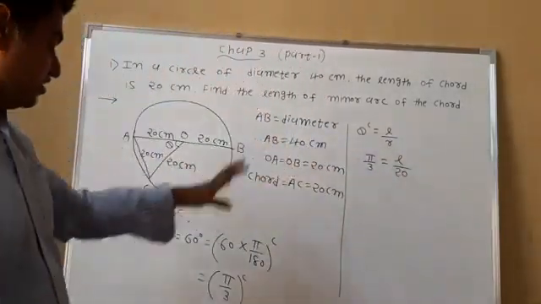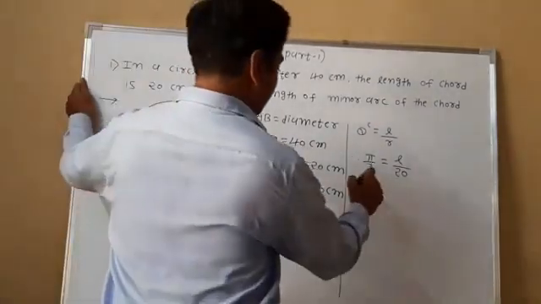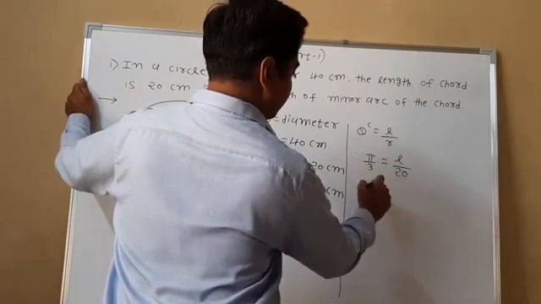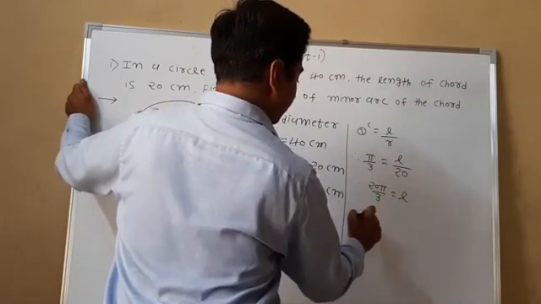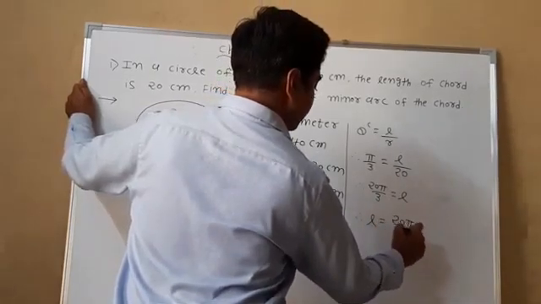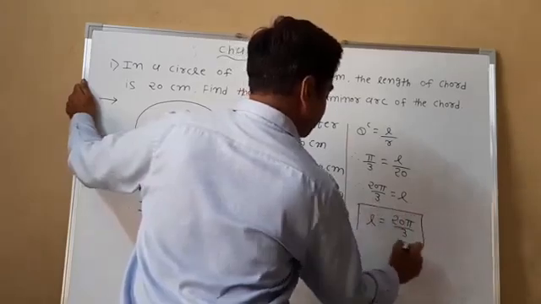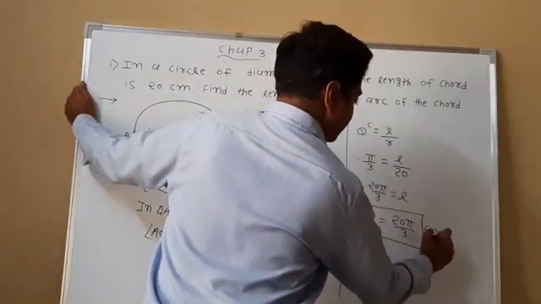Now simplify this term, so we get the value of L. Therefore 20 pi by 3 is equal to L. So our answer is L is equal to 20 pi by 3 centimeter. Right? Here we write the unit centimeter.